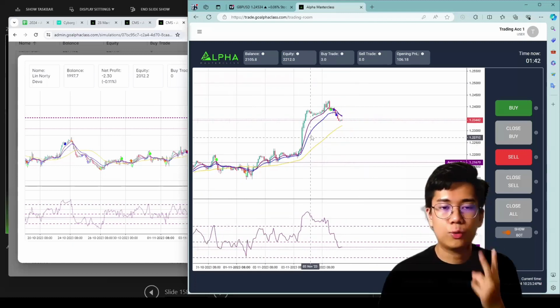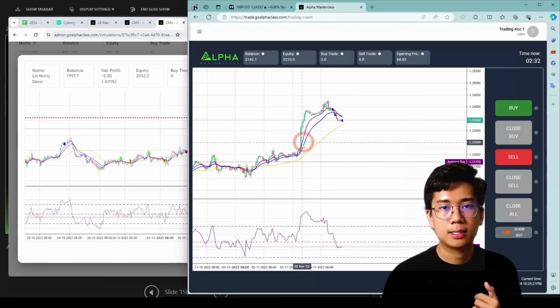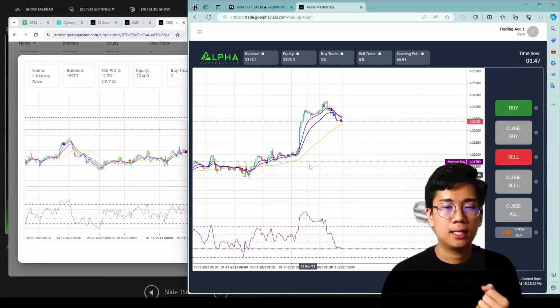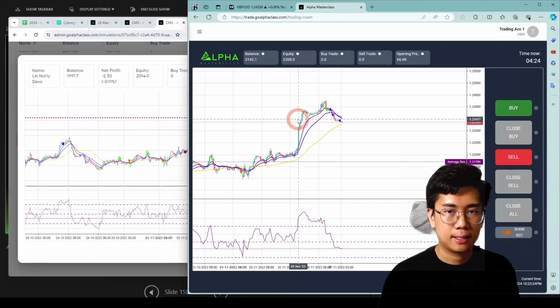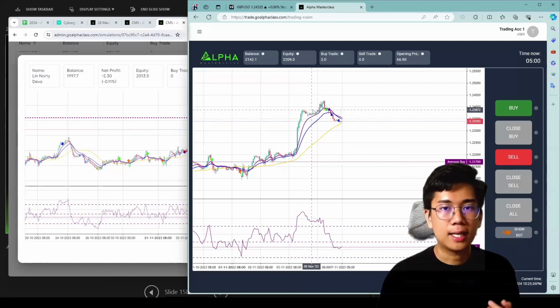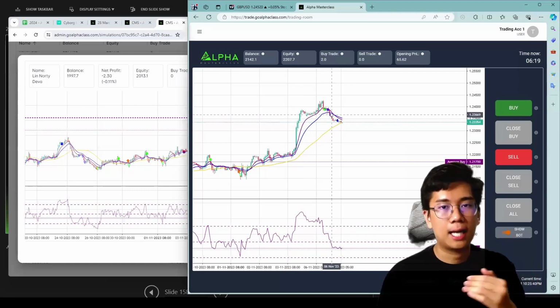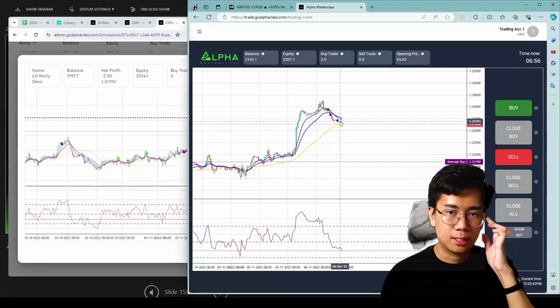There are two ways to close. Number one is close at RSI 70. Second is to close at the spikes. After a spike, usually what happens is the market will stabilize, have a pullback, have corrections.